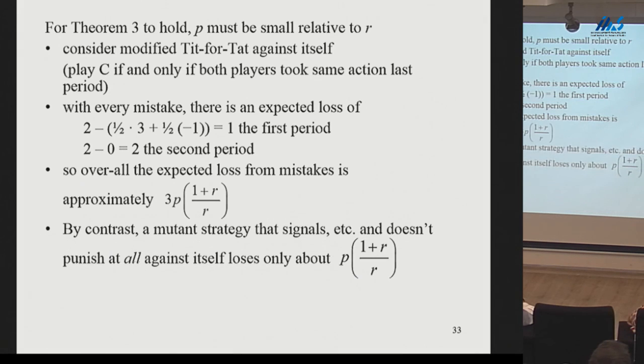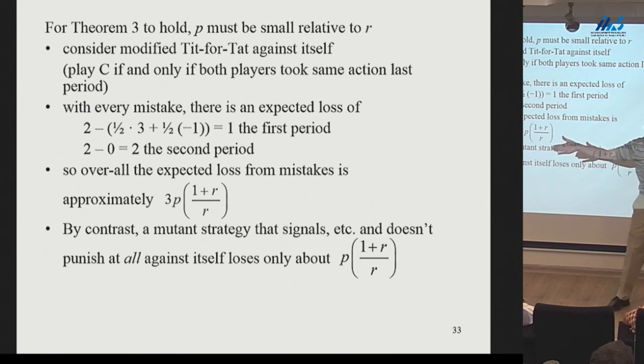Now let's suppose that we introduced a mutant strategy which starts out cooperating. But if we ever get off the cooperation path, it signals in the same way that our constructed mutants earlier today signal.